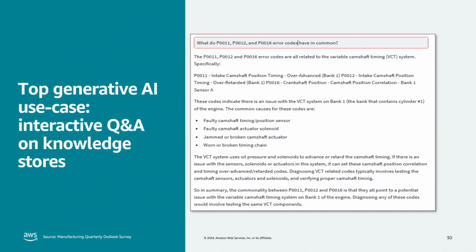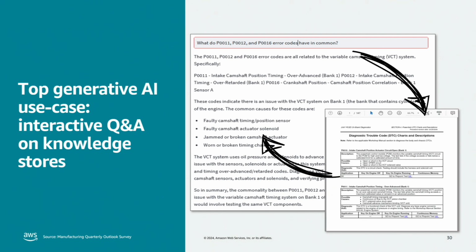So what do P11, P12, P16 fault codes have in common? And we get a good answer. So imagine how fast or how much this could accelerate automotive repair technicians or maintenance people in the factory or in the field, or anyone who needs to access technical information. Right now, the way this works, and we'll talk about it in just a minute, is we're accessing a technical document behind the scenes.